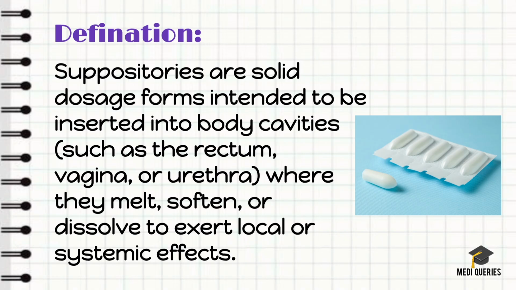The base plays a crucial role in drug release, melting behavior, and patient comfort. Suppositories are used in conditions ranging from pain relief and infections to constipation and hormonal therapies. They are usually made using molds and require careful formulation for dose accuracy.